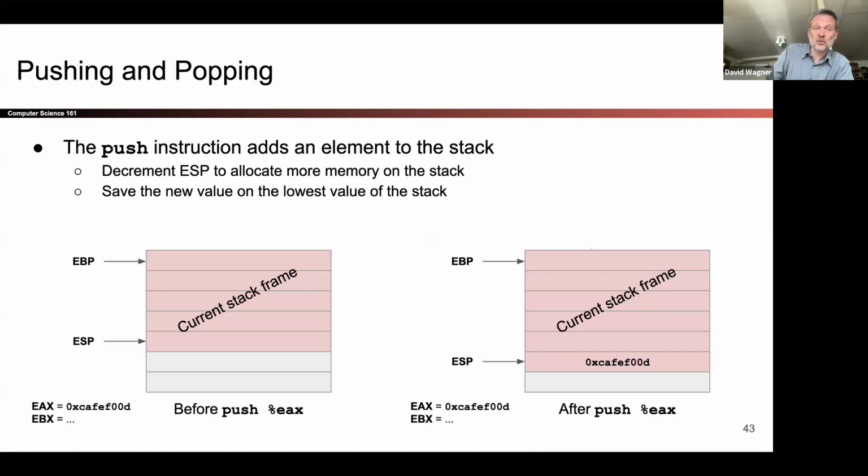So the way the push instruction works is it subtracts 4 from the ESP to move it down by 4 bytes, by 1 word, to make space for 1 more word. And then it saves the value, whatever value you're storing on the stack, at that new address, which previously wasn't in use, but now is in use. So the push instruction is actually very simple. It subtracts 4 from ESP and stores a value at that new address.